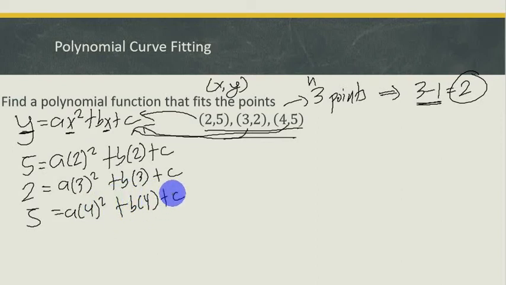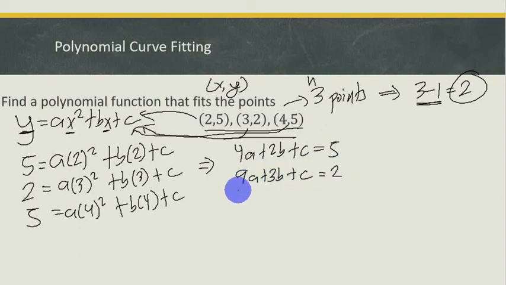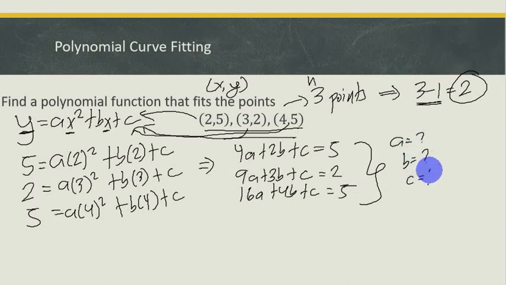Now, we can rewrite the system more efficiently as 4a plus 2b plus c equals 5, 9a plus 3b plus c equals 2, 16a plus 4b plus c equals 5. And then we solve the system that we have formed for the values of a, b, and c, which would be the coefficients of the polynomial function, in this case quadratic, that we are going to look for.